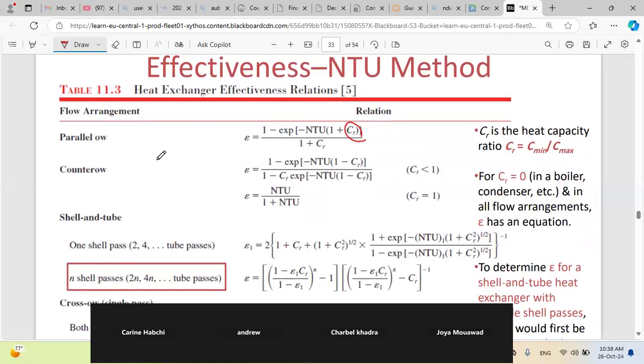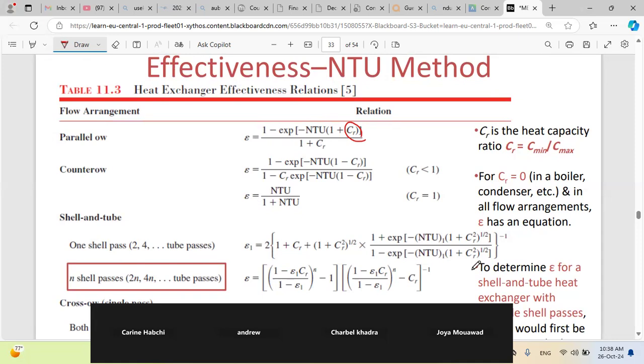And we are defining here for different types of heat exchangers: parallel flow, counter flow, shell and tube. We have defined together last time shell and tube and cross flow heat exchangers. And if you remember, we talked about the possibility of single pass or several passes, okay?